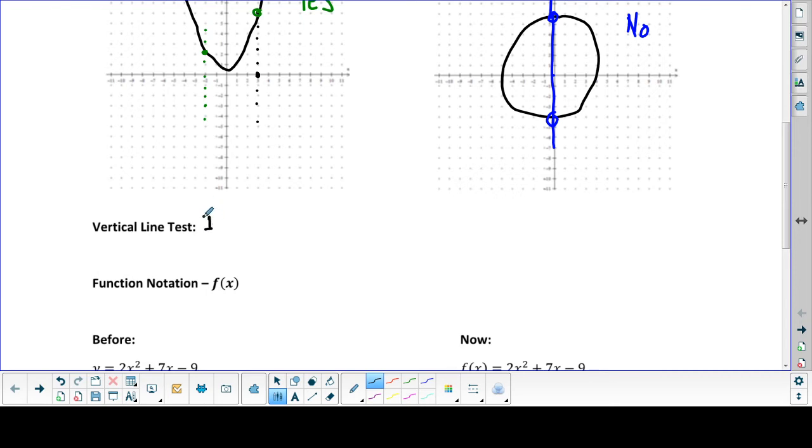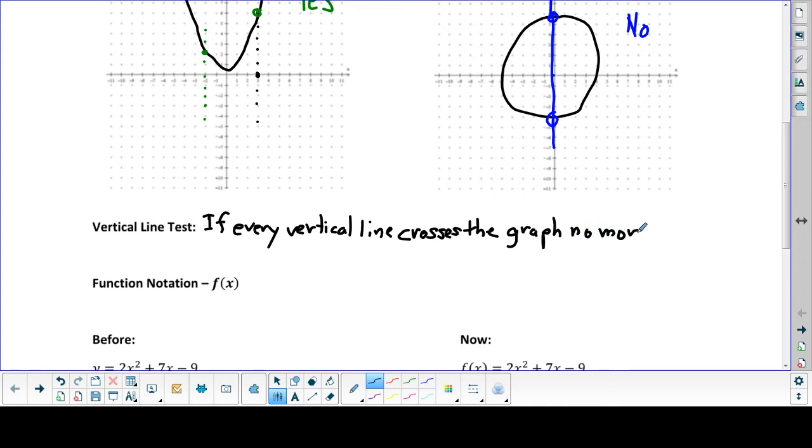If every vertical line crosses the graph no more than once, so that means 1 or 0 times, it's a function.